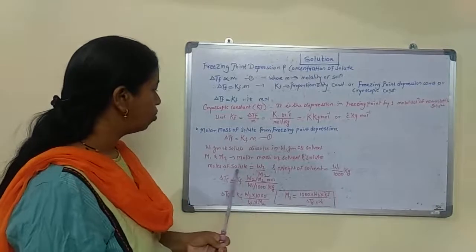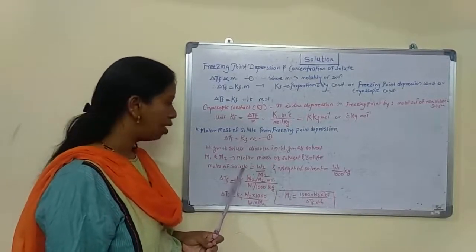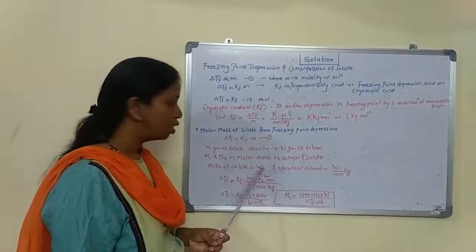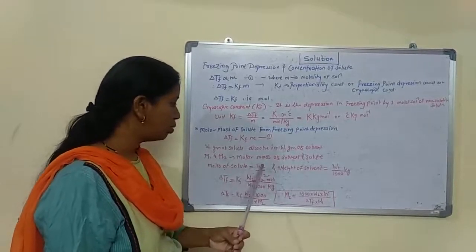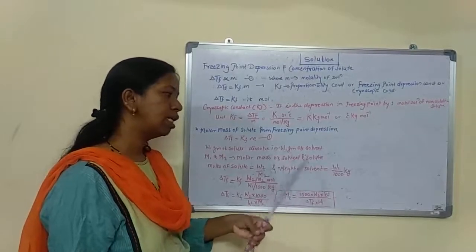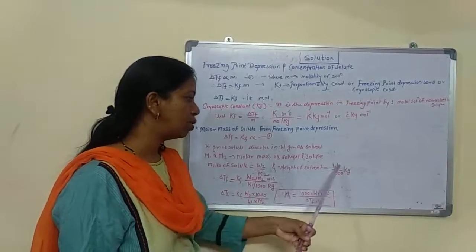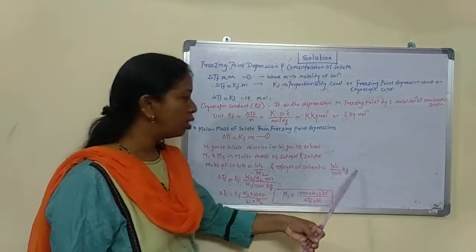Then, moles of solute is given by the weight of solute upon the molar mass of solute, so moles of solute is equal to W2 upon M2. The weight of solvent is taken in grams, so converting into kilograms, the weight of solvent is W1 upon 1000 kilogram.